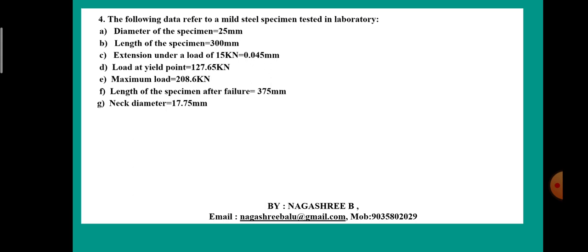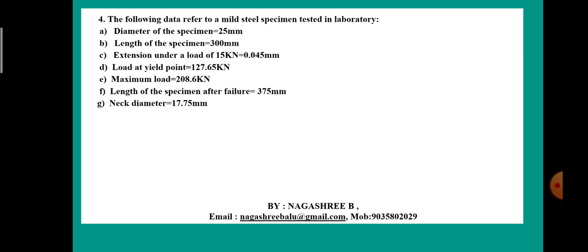You can observe the initial length was 300 and the length at failure was 375. As the load is applied along the length, the dimension along the load application increases, but the dimension perpendicular to the load application always decreases.